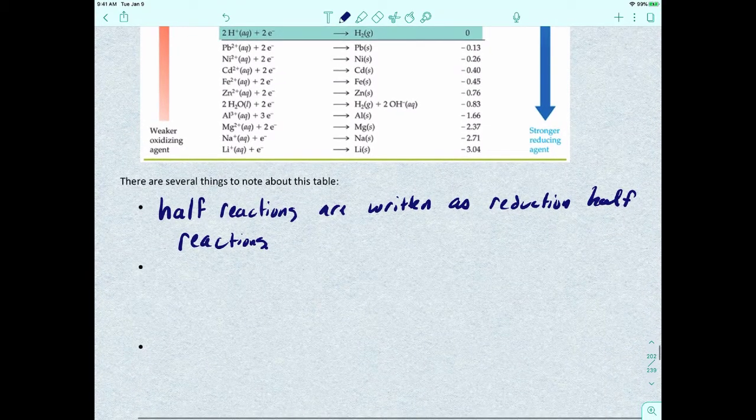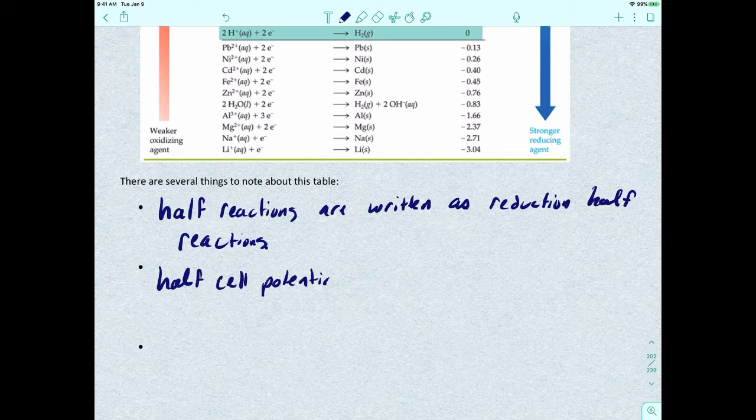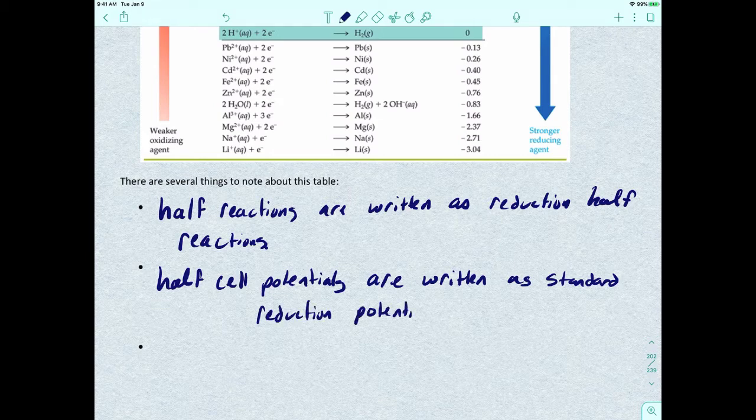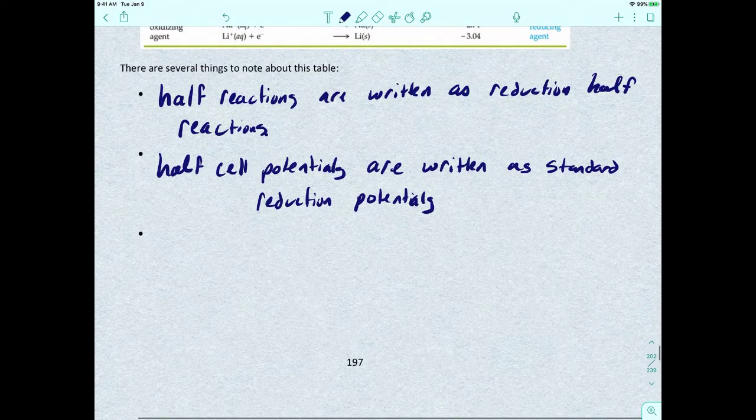Second thing, the half cell potentials are written as standard reduction potentials. And they're written in order of decreasing standard reduction potentials.